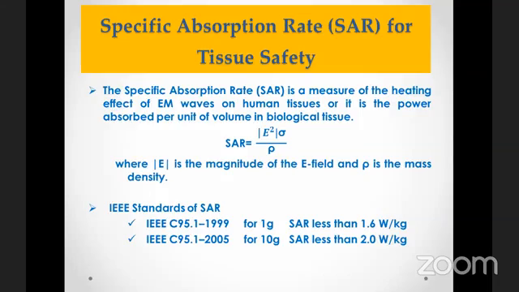Elementary definition is the power absorbed per unit of volume in biological tissue. Magnitude of E field is squared multiplied by conductivity and divided by the mass density. This is SAR definition.